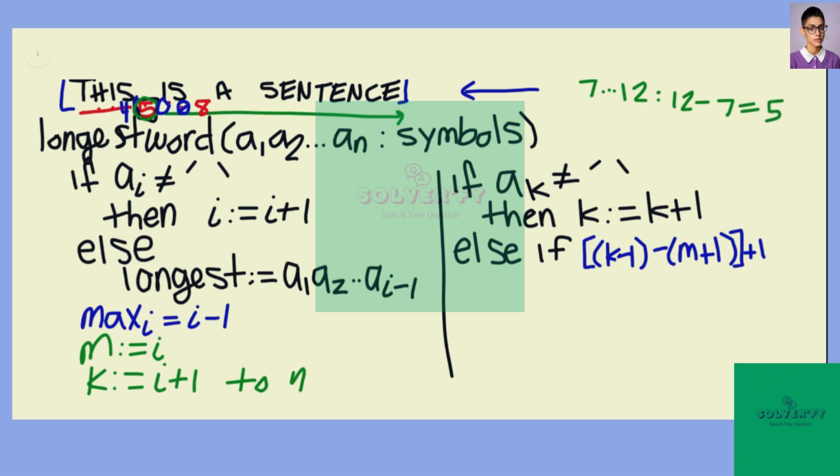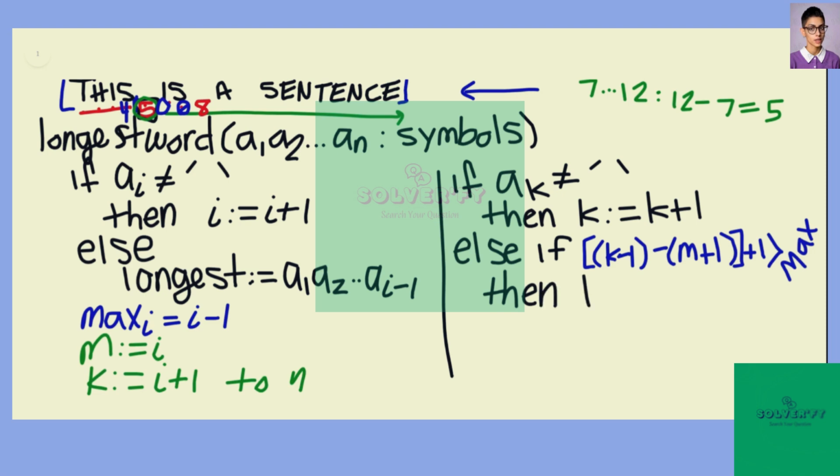Okay, then we're going to compare that to our max that we have. And so if that value is greater than the maximum, then we would need to reset our longest word. Now, in this instance, the second word is not longer, so with us, this wouldn't happen, but once we get further along in the sentence, it will.